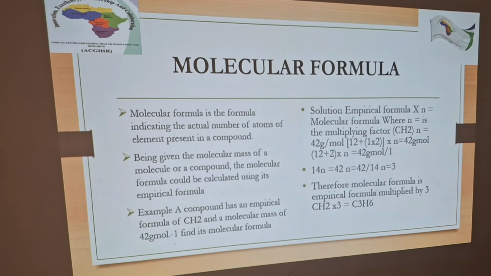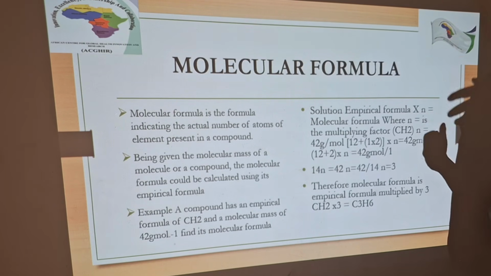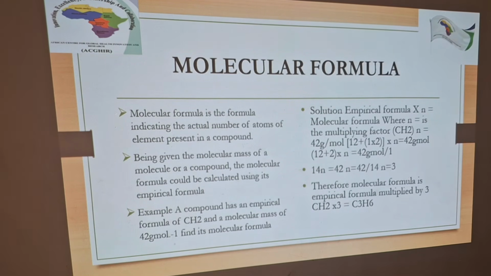A compound has an empirical formula of CH2 and a molecular mass of 42 grams per mole. Find this molecular formula. Right. So first things first, the empirical formula of the compound X is not equal to the molecular formula, right?